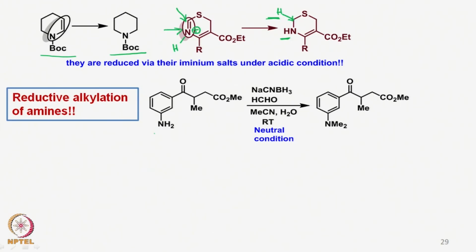If we take this particular molecule and react it with formaldehyde and of course sodium cyanoborohydride, under these conditions what happens is first the formation of something of this sort.